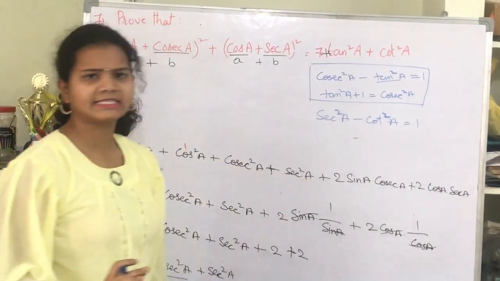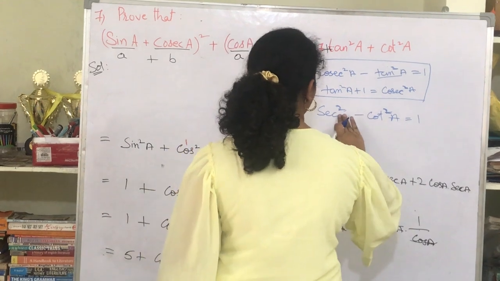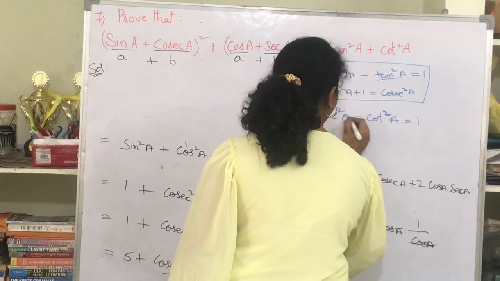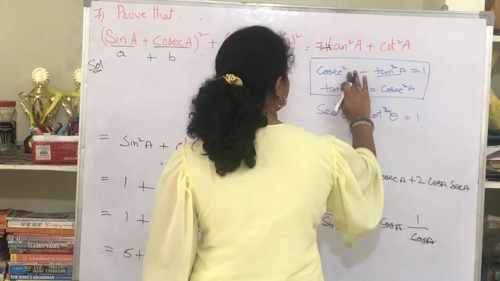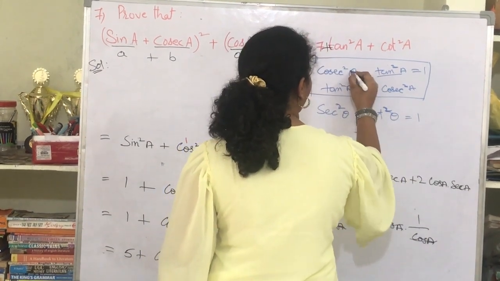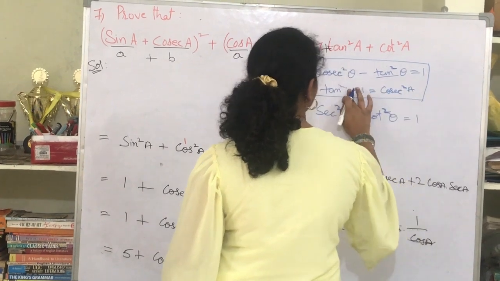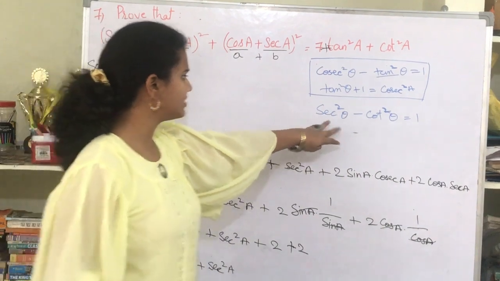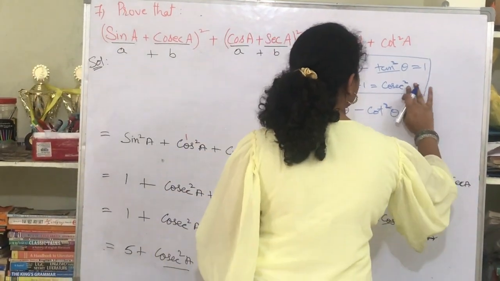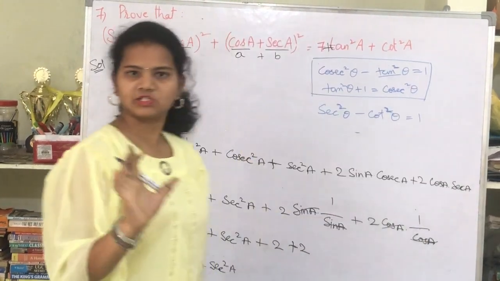Instead of A we can place theta: secant square theta minus cot square theta equals 1, or cosecant square theta minus tan square theta equals 1.